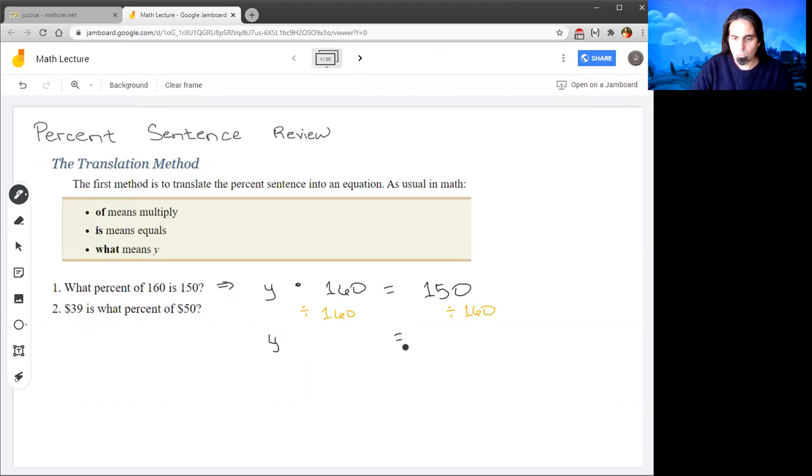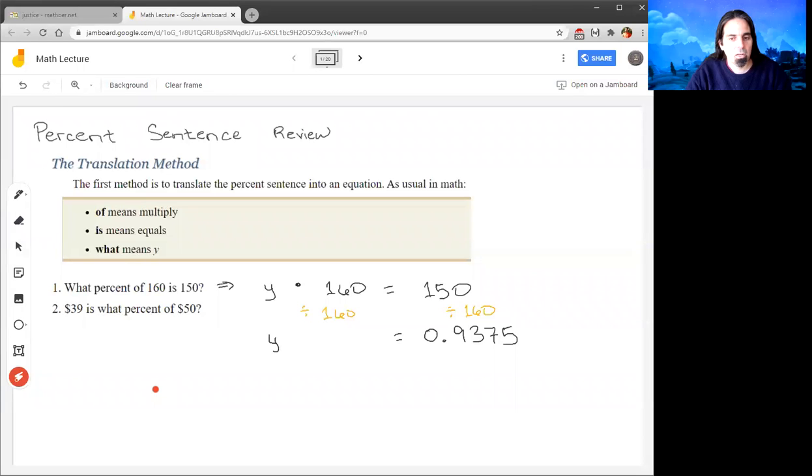And what is 150 divided by 160? 0.9375. And we're not quite done. We got a nice answer. There's nothing wrong with this decimal. But now we get back to the fact that the problem said the word percent in it.